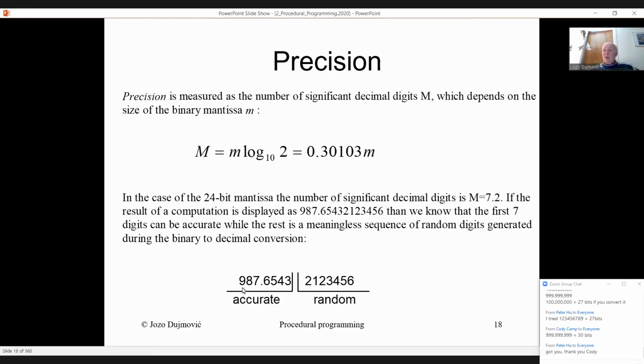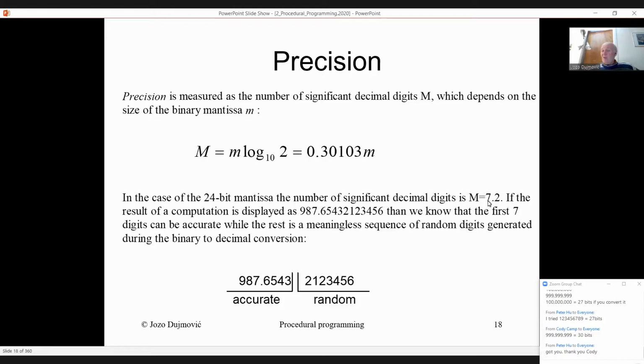So if you have on your screen this value here, 98765 and so on, then you know for sure that you cannot have an infinite number of digits. But this here has 7 digits, because in a 24-bit mantissa you have 24 times 0.3, which is 7.2 significant decimal digits.